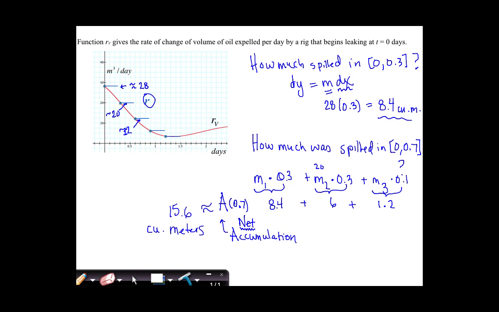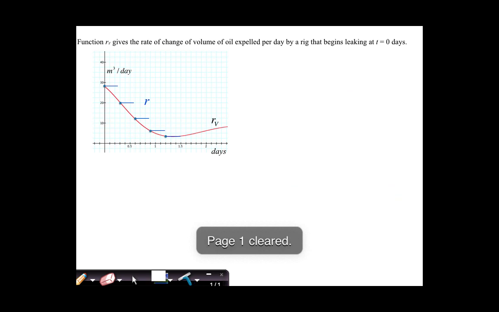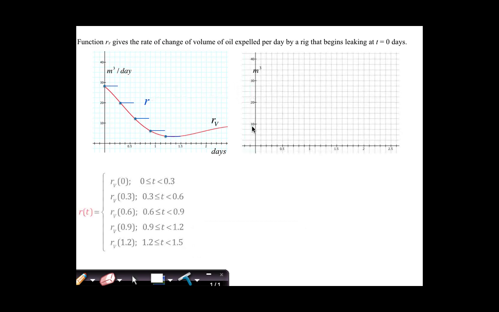Now, as we've done either in GC or in homework questions, instead of just making up numbers saying I think this is about 28, if I wanted to express this y value here, whatever it is that looks to be about 28, by using some function notation, that is, if I want to define function r, I can use function notation to do that.